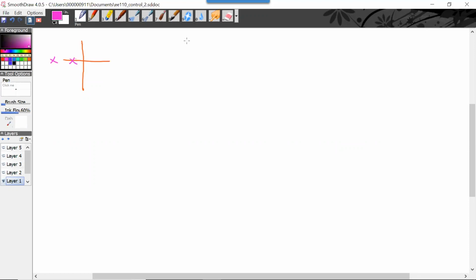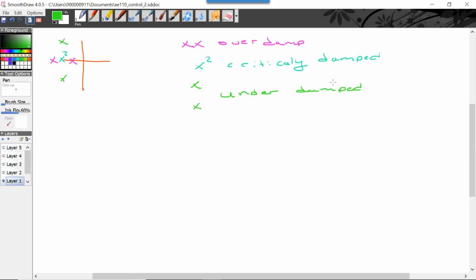So just as a review, two distinct poles, overdamped; repeated poles, critically damped; complex poles, underdamped.